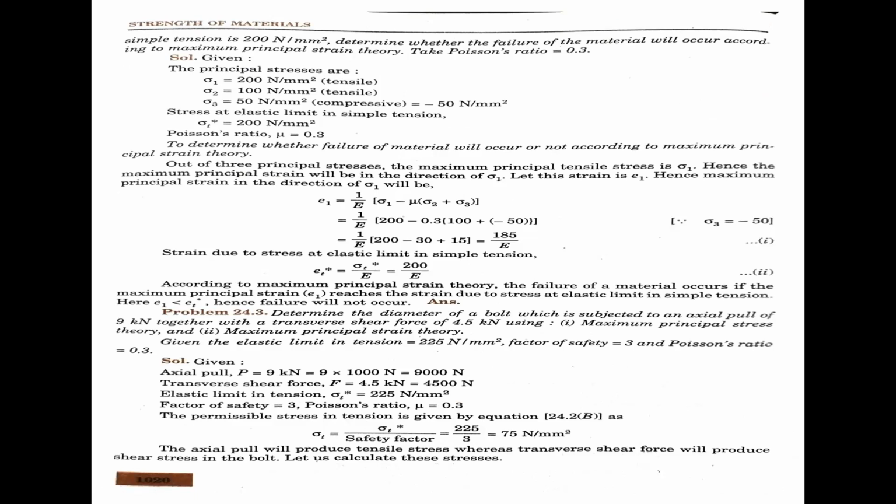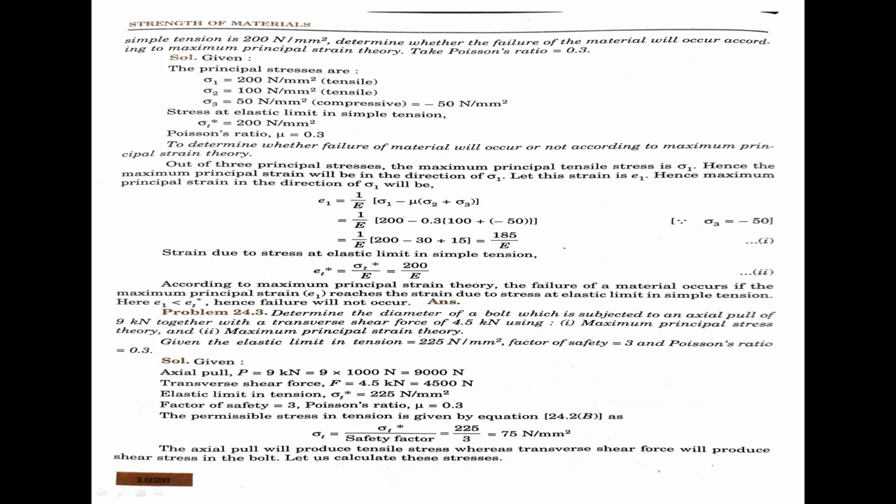Compressive is indicated by minus 50 Newton per mm square. The stress at elastic limit in simple tension is given as 200 Newton per mm square. Poisson's ratio is also given, mu equal to 0.3. We determine whether the failure of material will occur or not according to maximum principal strain theory.